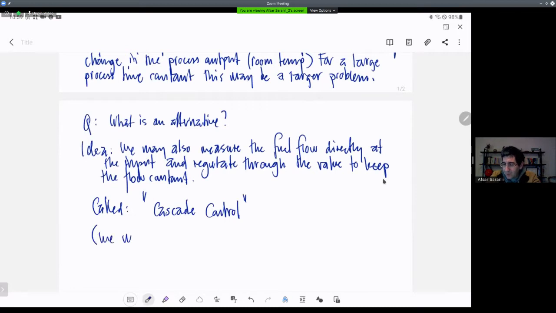We will also cover other architectures, and I'm going to draw this one in a minute.